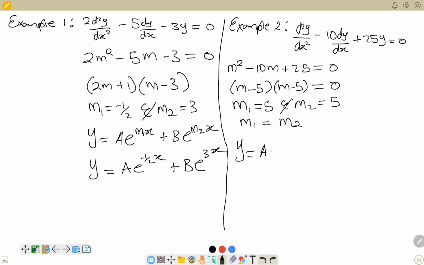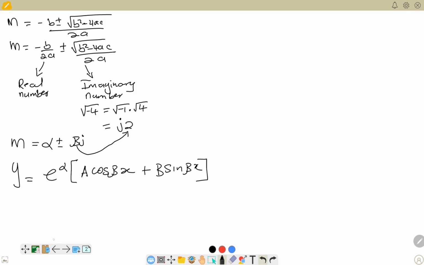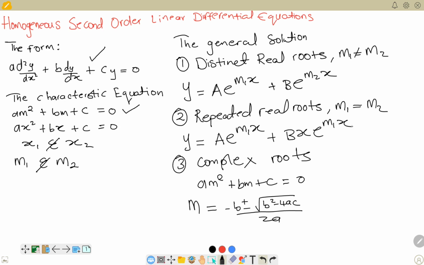So we have e to the power m1x, times a plus bx, e to the power m1x. m1 is equal to m2, so we will only have m1 there. So let's check this equation.